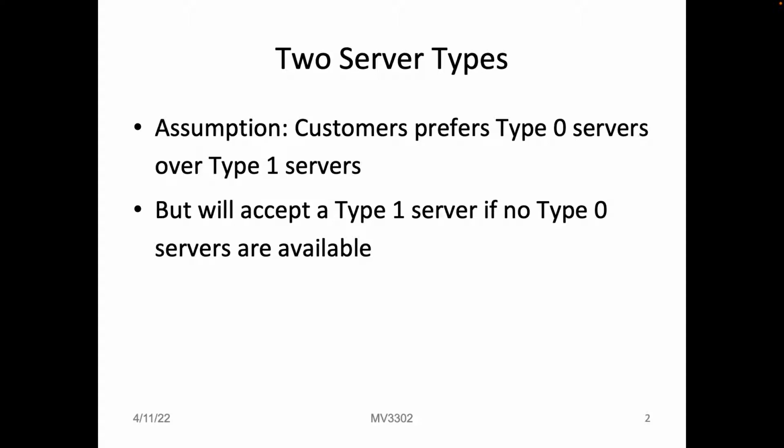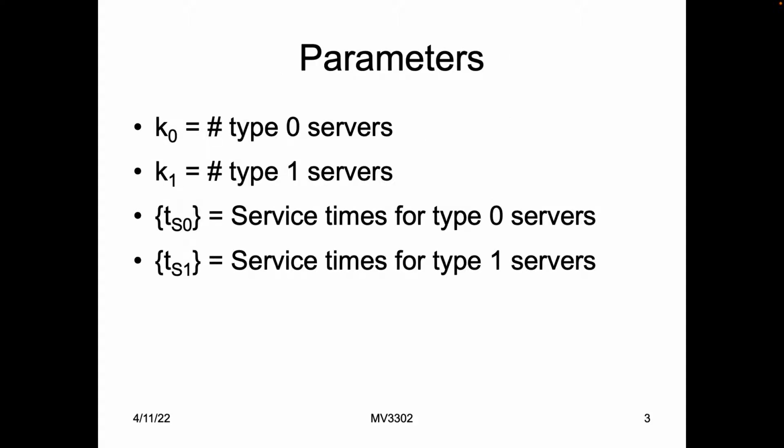Well, right off the bat, we need two sets of parameters. Motivated by the multiple server queue, we have a certain number of the type 0 servers and a certain number of the type 1 servers. And what distinguishes them, apart from the label, is typically the service time.